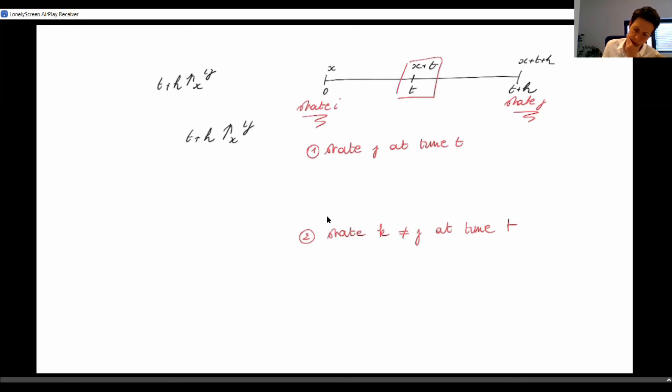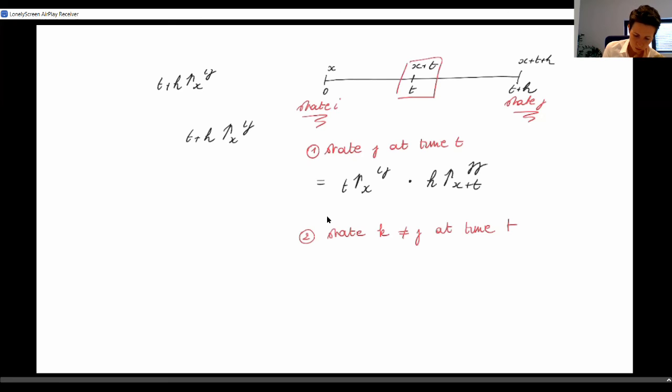how do I get there, and how do I continue then with ending up in state j at time t+h? So the probability of this track, let's say, is equal to t p_x^ij multiplied with h p_{x+t}^jj, right?